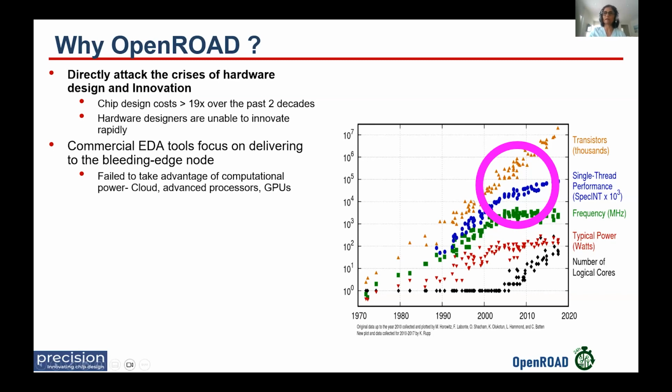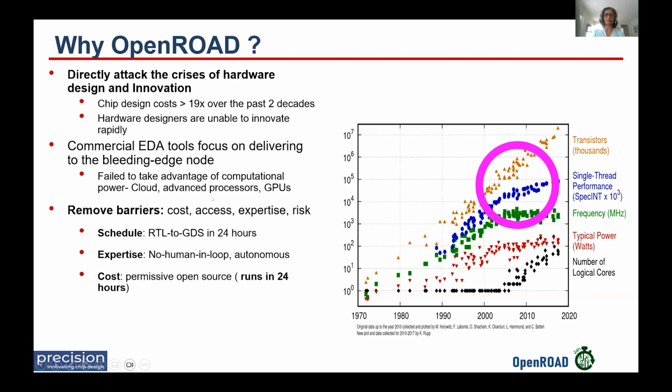And this is inherently due to the architectural limitations of today's tools. They are just not built to take advantage. And being able to retrofit that and take full advantage of the cloud and fast processors and servers is not something that is given a very high priority. So that's the other reason where open source tools come into the picture, and they are able to do that off the bat. So that is the other advantage.